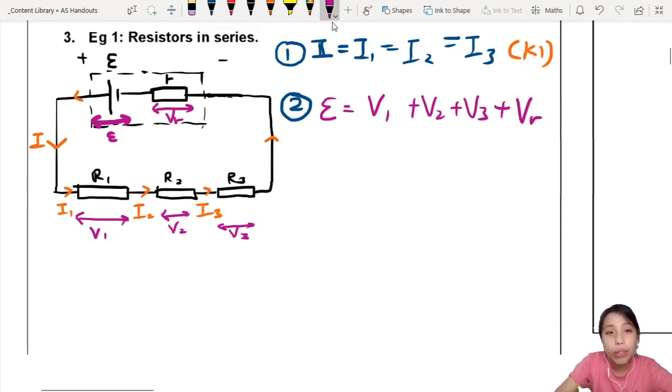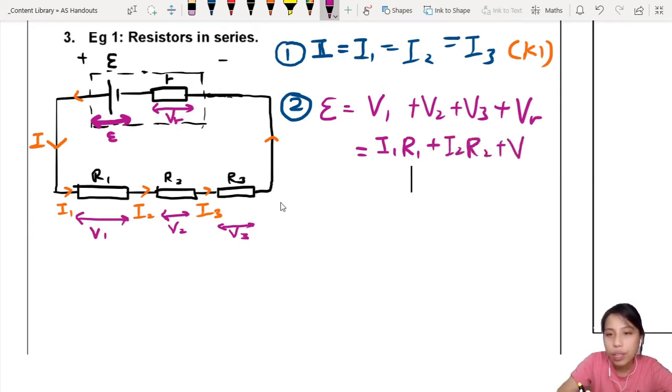And this, of course, you can rewrite into IR. Let me just rewrite this. So we have V1, which is I1 times R1, then I2, R2, because V equals IR.